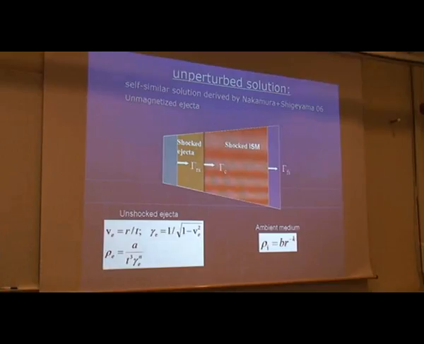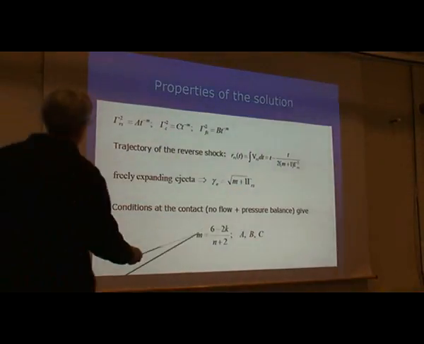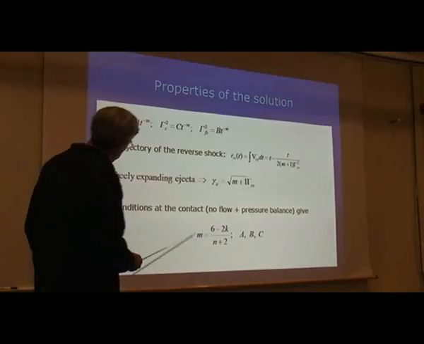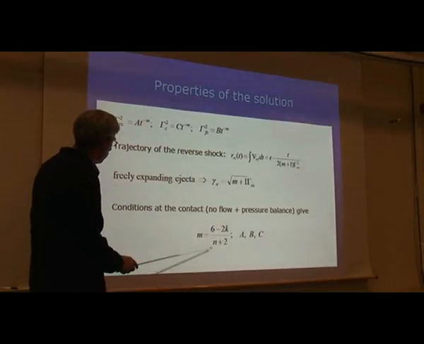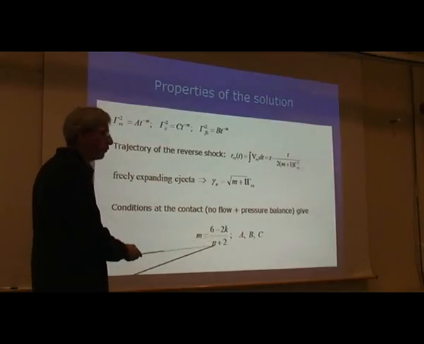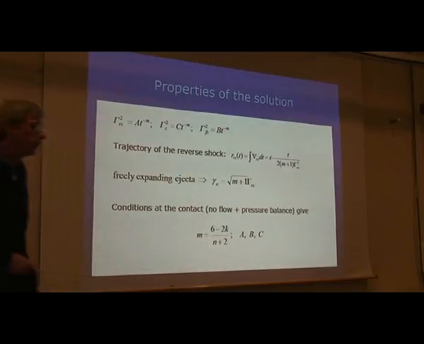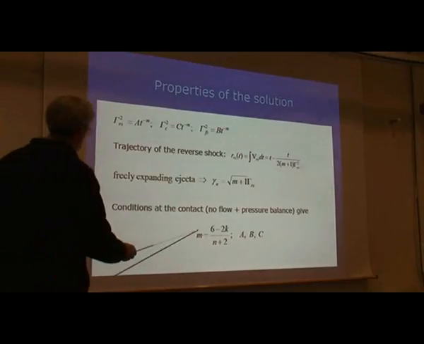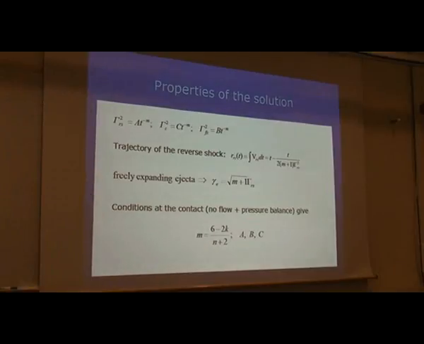Then your M number is related to the ambient medium and the ejecta profile this way. So once you fix K and M, whether it's a wind or just ISM, the profile of the ejecta fixes this M, as you expect. And the instability depends only on M, that's why I'm saying it doesn't really care about these details.